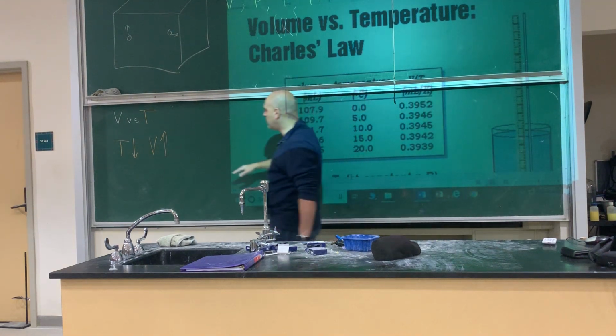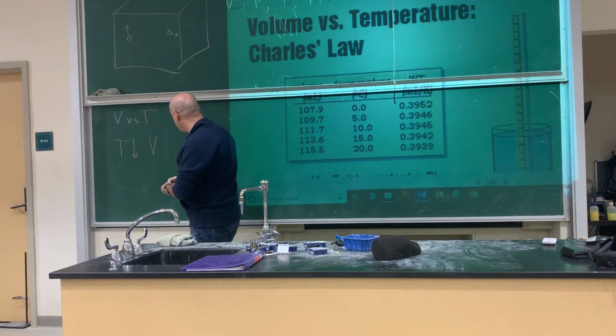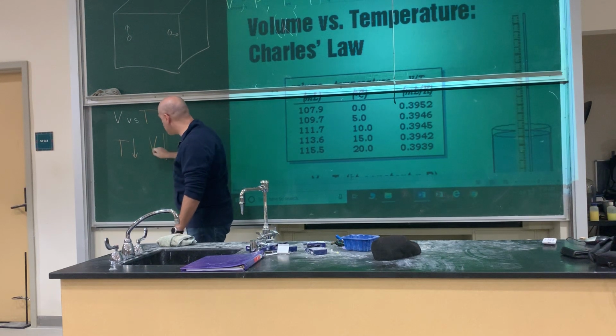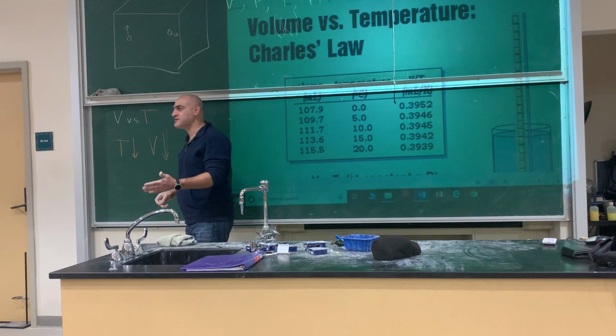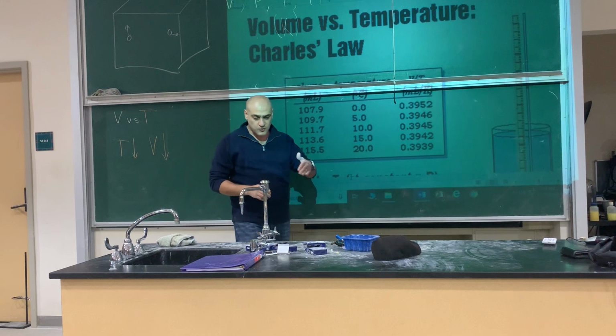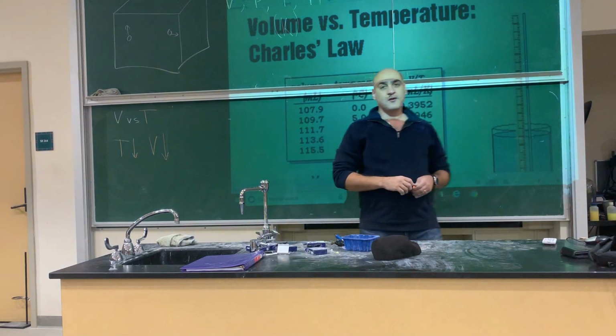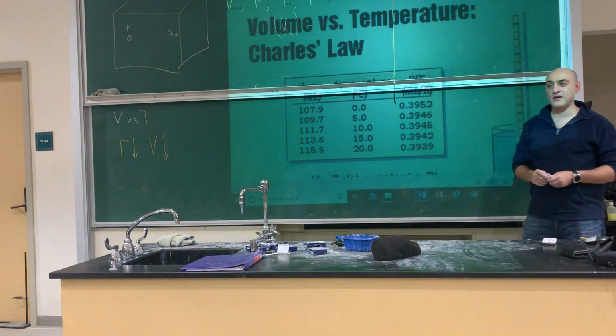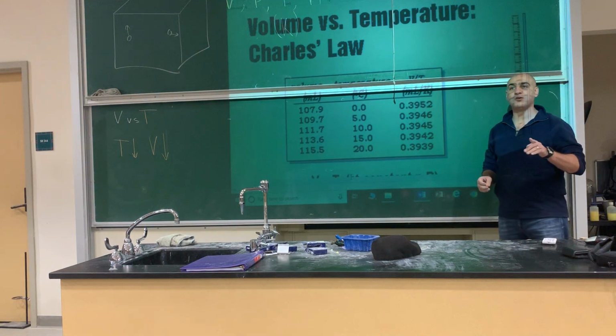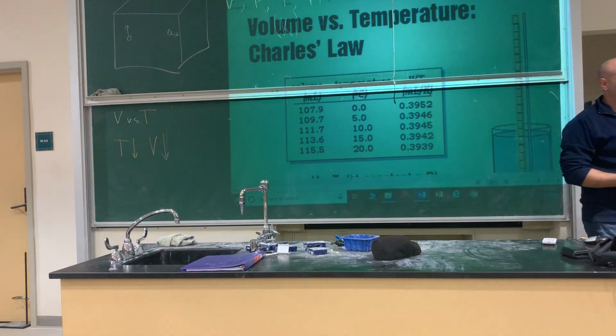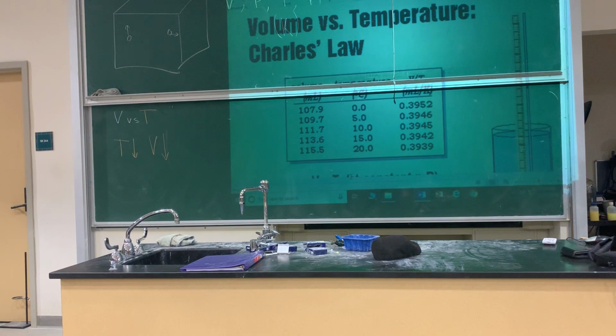Increasing. What the heck did I just do here? Erase that part. As the temperature goes down, we talked about this, the volume should also be decreasing. I'm glad to look at the experimental data. So the volume and temperature, according to the Charles study, are directly proportional.